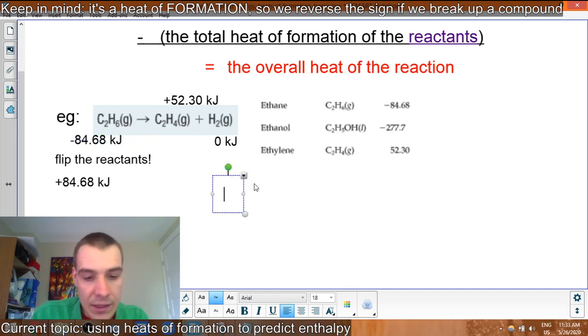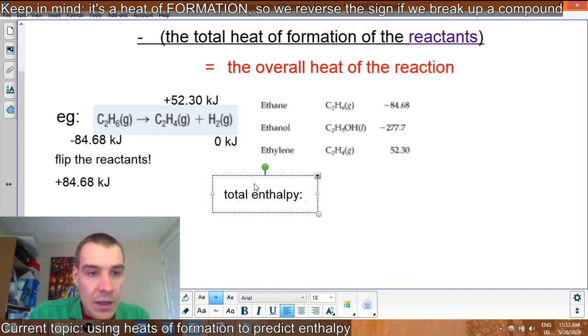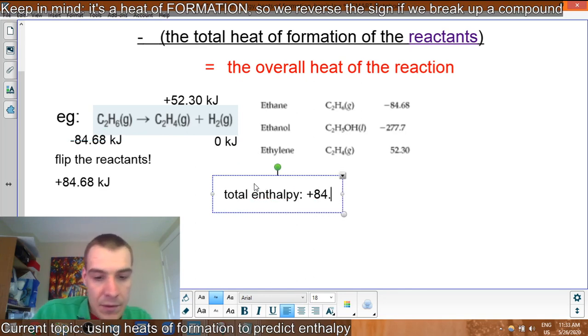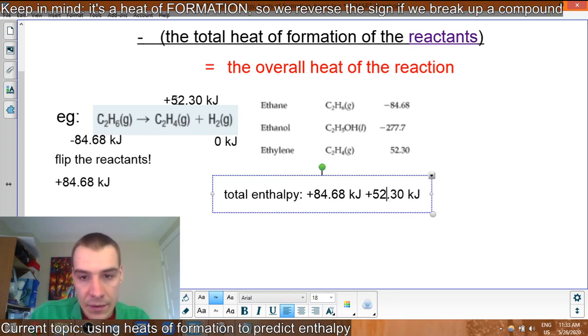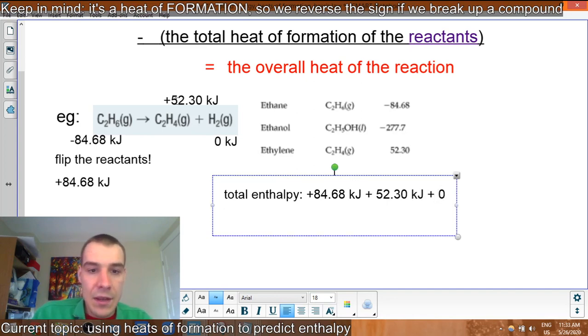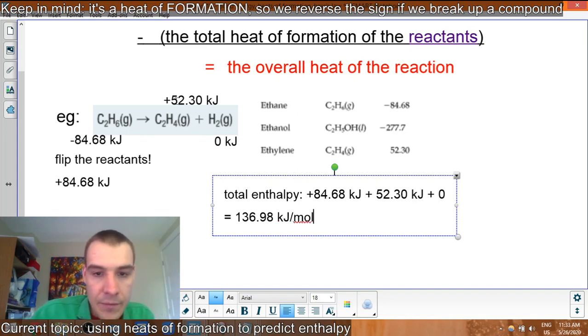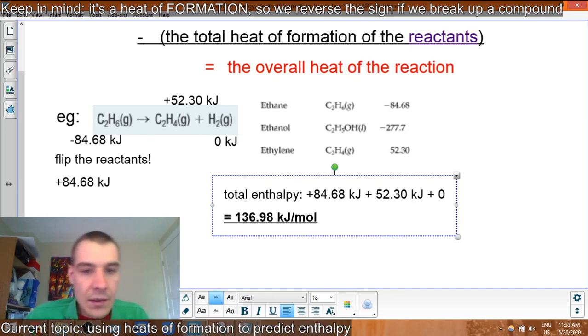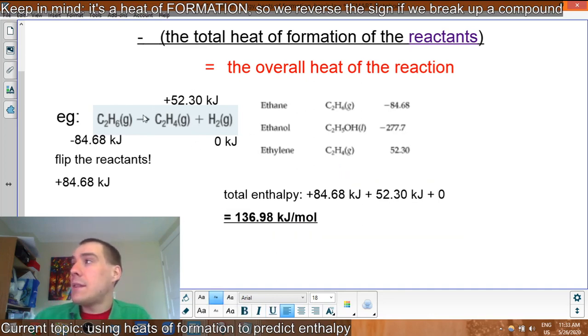So then the total enthalpy is plus 84.68 kilojoules plus 52.30 kilojoules plus 0, technically, because of the hydrogen, and that's equal to 84.68 plus 52.3, 136.98 kilojoules per mole, and that is the delta H of that reaction.